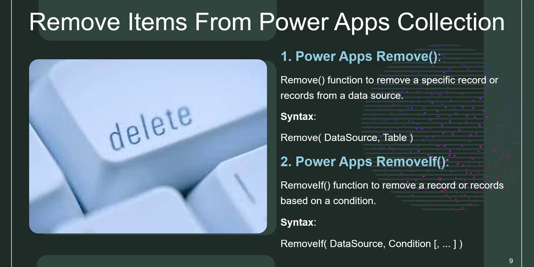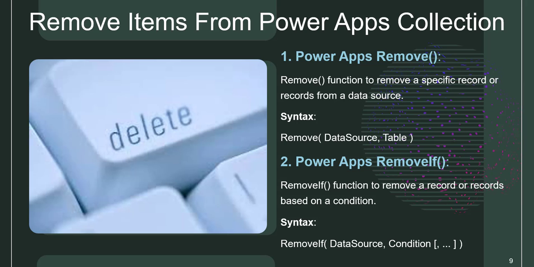You can use the RemoveIf function when there are a lot of records, like various products such as laptop, keyboard, mouse, and you want to delete a particular record like laptop. In that case you can use RemoveIf, and that too based on a criteria.